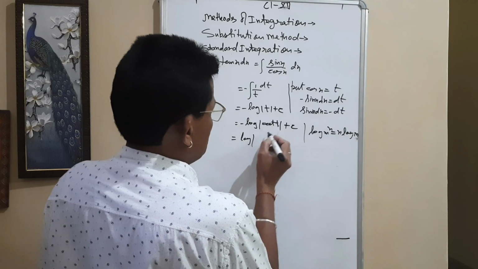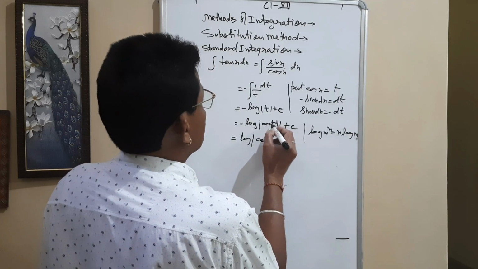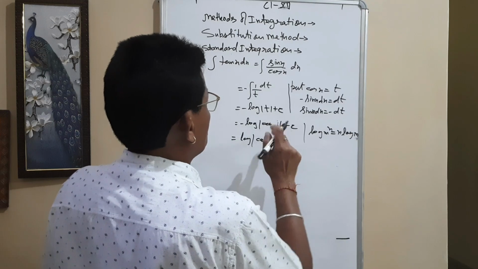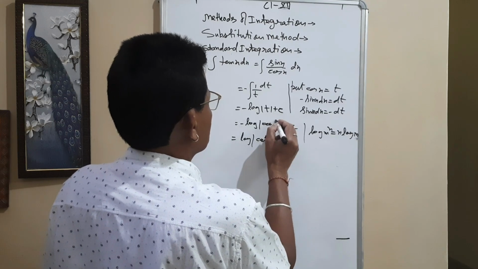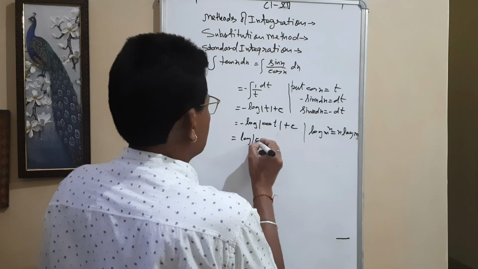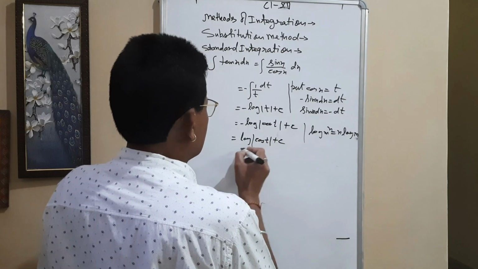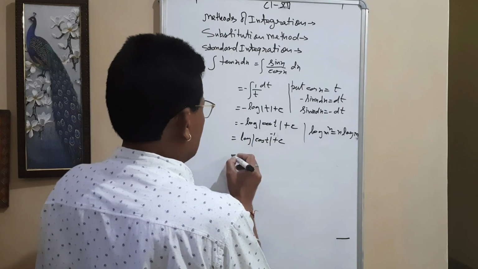So this will be log of cos x plus c, with power negative 1.